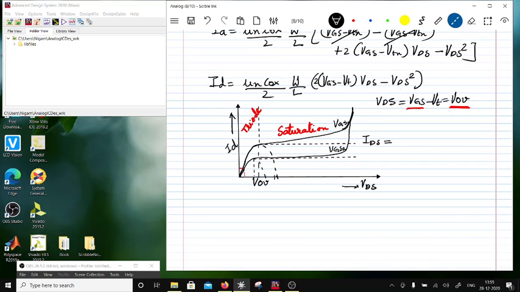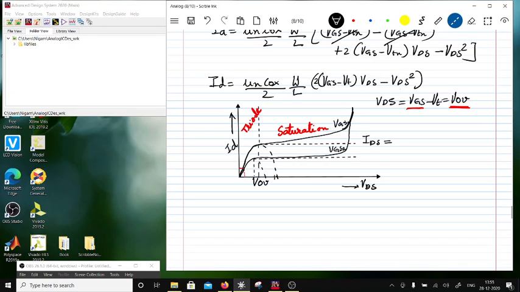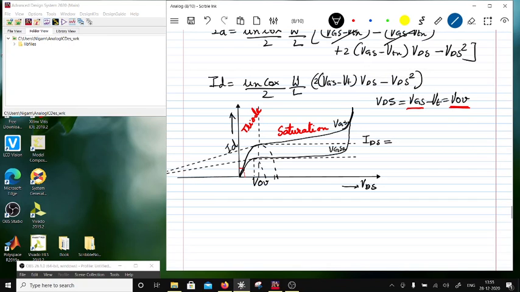Right? And if you were to extend this, they are going to meet at a point on this axis itself. That would be referred to as early voltage VA.